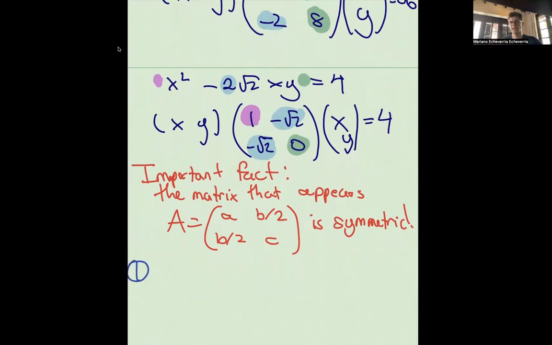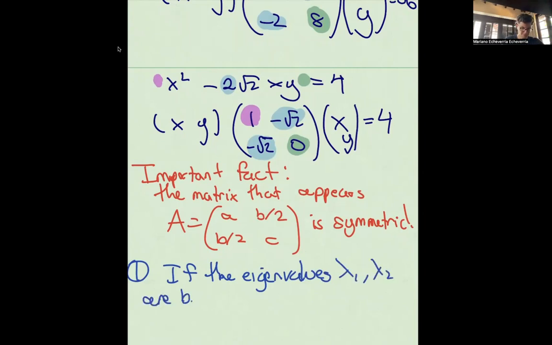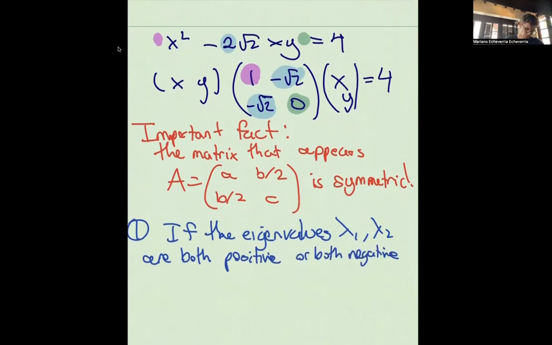The first consequence is that if the eigenvalues lambda 1, lambda 2 are of the same sign, both positive or both negative, then the equation will be an ellipse.